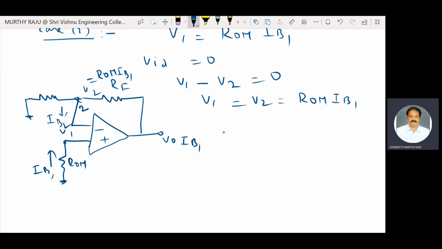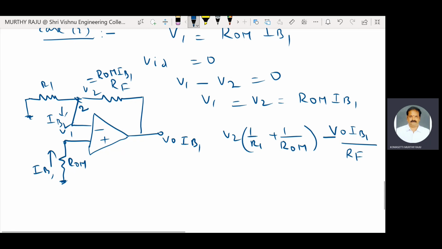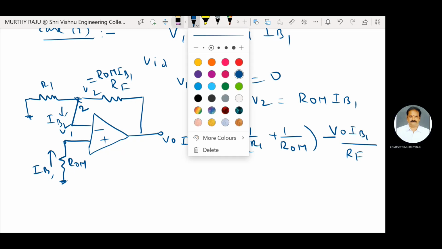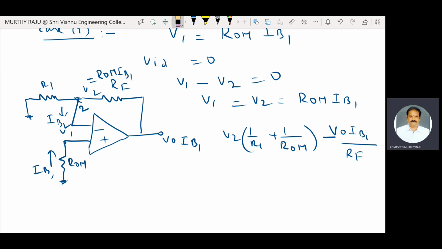V2 into 1 by R1 plus 1 by RF, minus V0 IB1 by RF. I have made one mistake here, not ROM here.